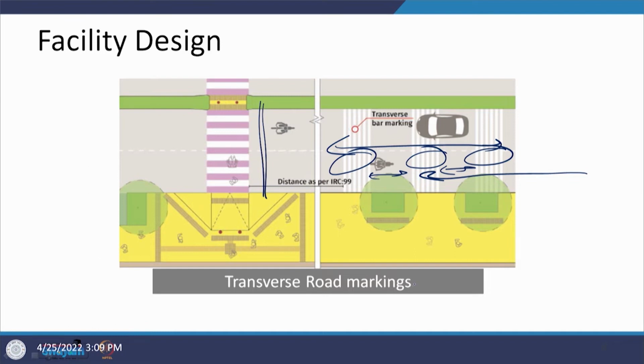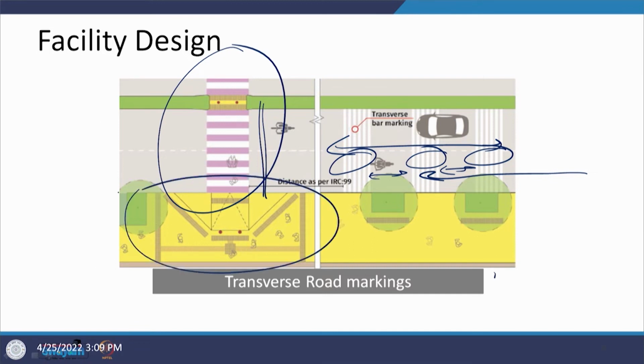So, they want the drivers to reduce the speed, see around and then cross the crossing facility which is being provided. Rest of the features, depending on whether you are going to provide an at-grade system or a raised crosswalk, the design is going to be there.